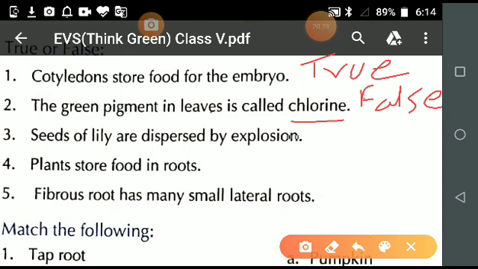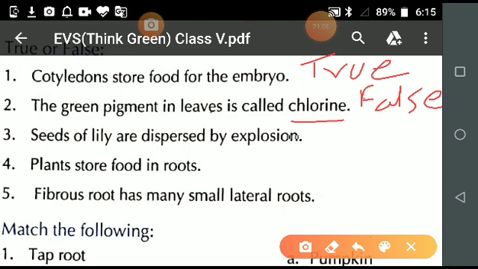If all the seeds fall near the parent plant, then what happens? They don't get enough space for their growth. They don't get sunlight, and they don't get enough water and nutrients from the soil for their growth. That is the reason spreading of the seed is necessary.